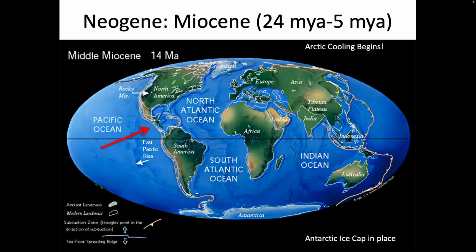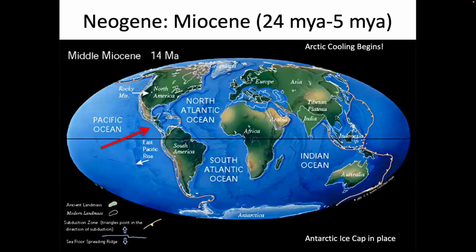We'll get to that next. Let's take a look at the position of the Earth in terms of the various arrangements of the continents. Notice that by this point, we already talked about the uplift of the Himalayas and the impact that had. India is now firmly in place as part of Asia.